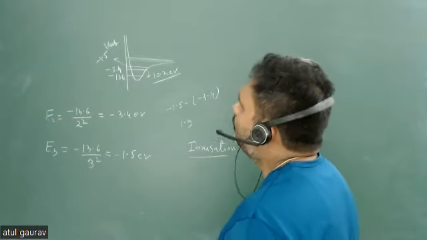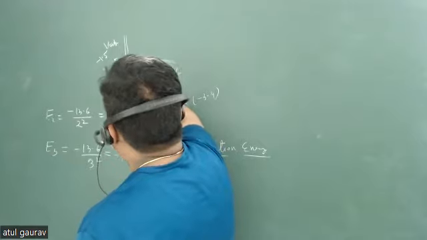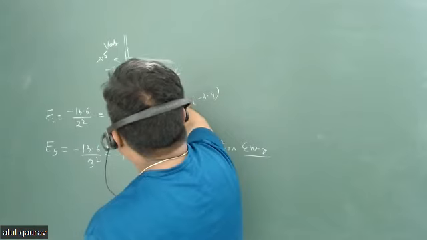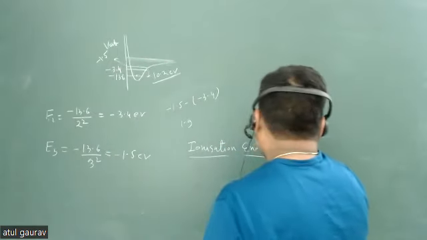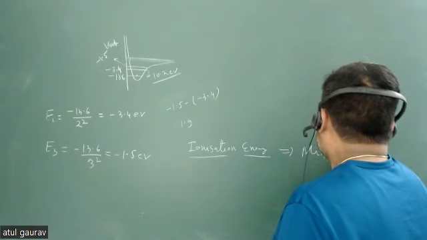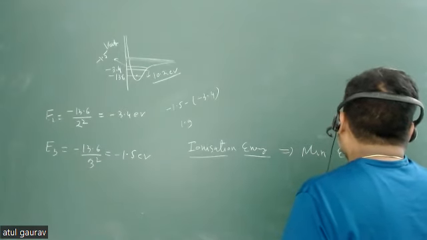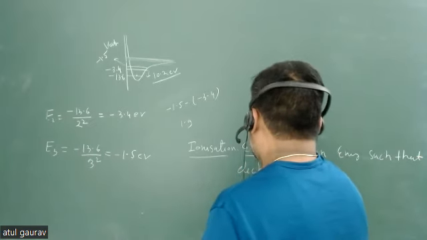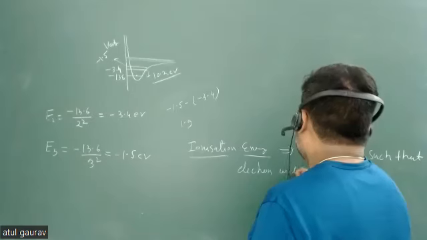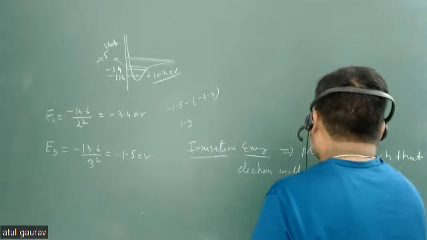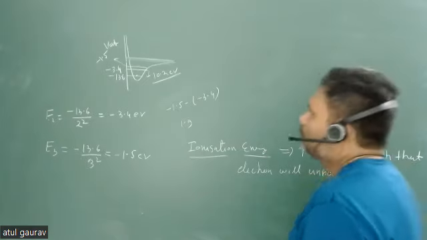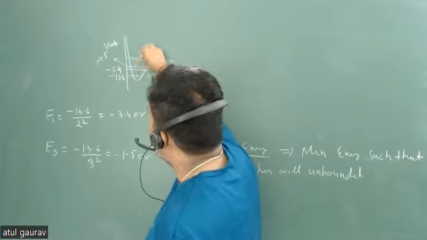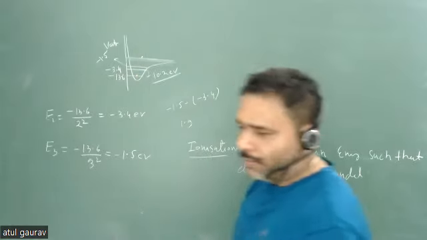Ionization energy means your particle is at the ground state, and you give the minimum energy such that the electron will become unbound. So that means the electron will come into this level. It has to cross all this and go to this level.